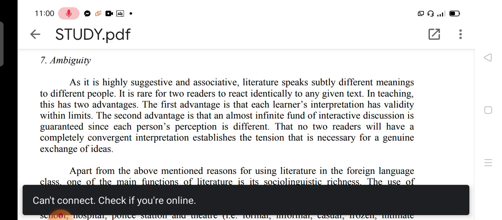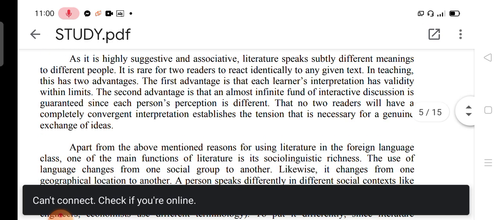The second advantage is that an almost infinite fund of interactive discussion is guaranteed since each person's perception is different. An example of this is debate, or when you present a certain topic and then everyone discusses it. They begin to compare and contrast experiences, and sometimes they give rebuttals and ask questions.